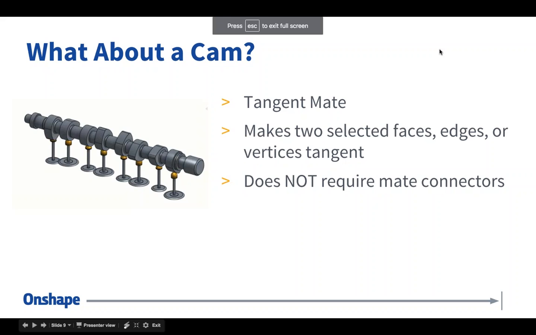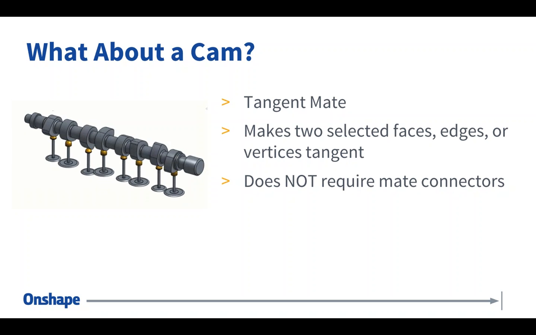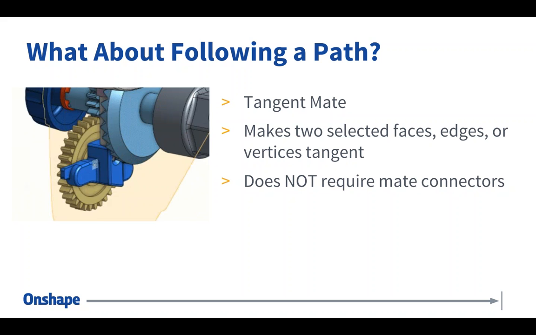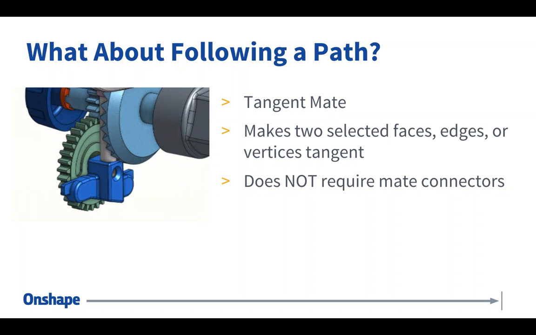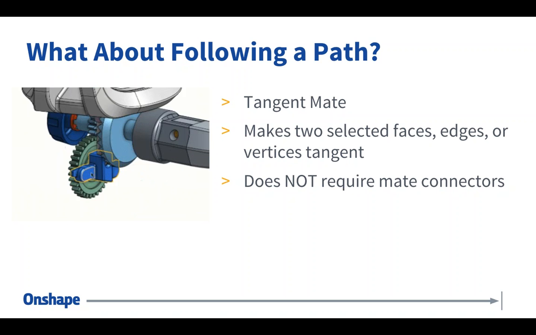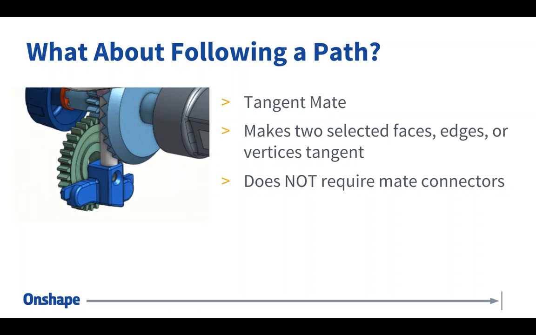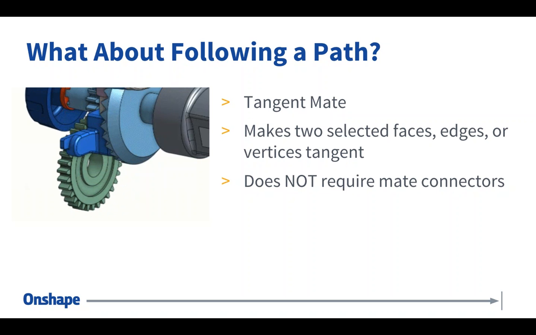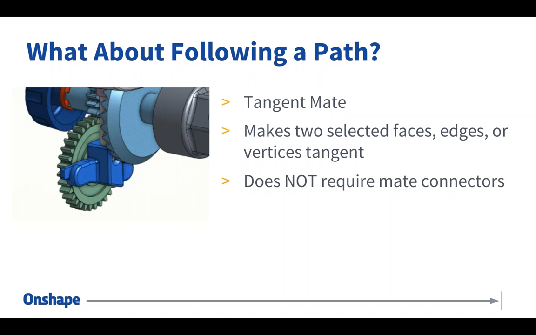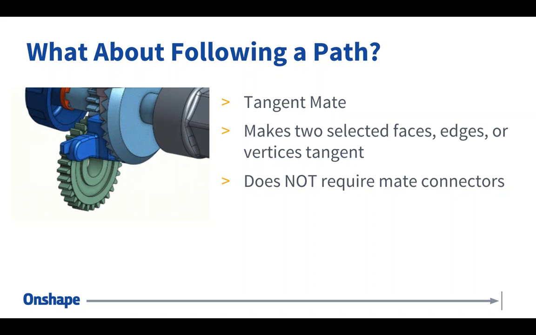Now, tangent mate, as I mentioned before, has a number of different use cases. It's not just for cams. One of the commonly asked questions that I get is, how about following a path? What if I wanted a part to follow a certain groove or a certain path of some sort? This is another example where tangent mate is useful because it allows me to define this part as inside of this part, tangent to these faces, and it will maintain tangency even when you move that part along the path.